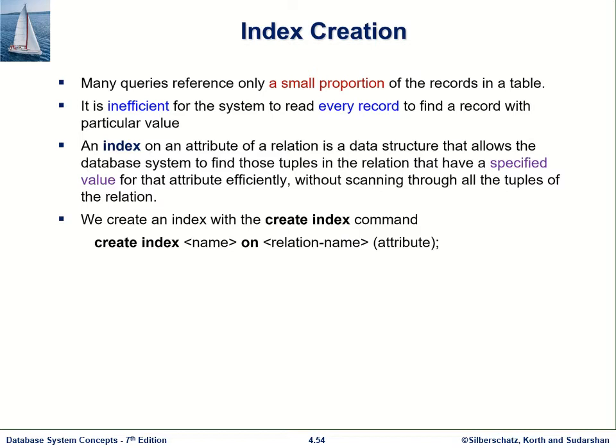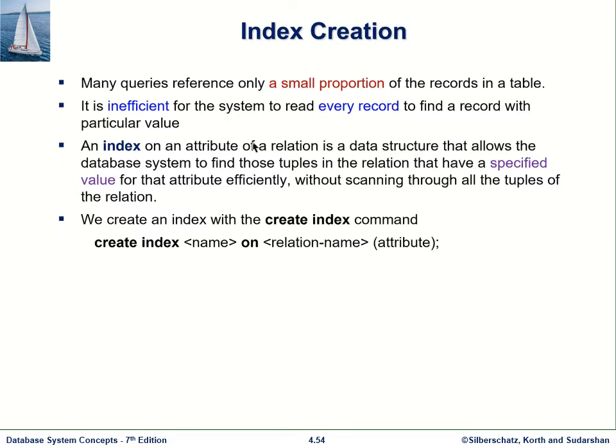So we need to load all the tuples in the student table, and then examine which ones are in computer science. So even if we only have to look at maybe 10% or 1% of the total, we still need to load all the tuples of the table into memory. So it's not an efficient way, because we only use a small portion of the records.